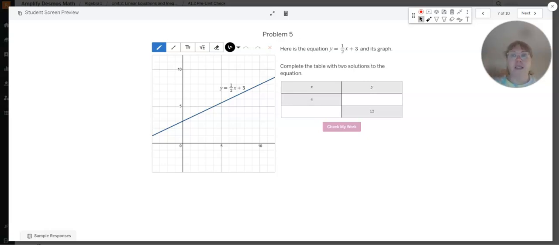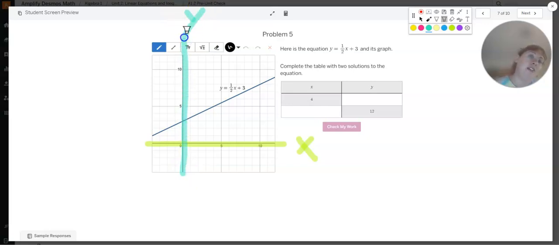So on slide 7, we have an equation of y equals 1/2 x plus 3, and it wants us to complete the table with 2 solutions to the equation. As a reminder, our axis that goes left to right is our x-axis, and our axis that goes up and down is the y. When we are writing a coordinate, we always do x, comma, y.